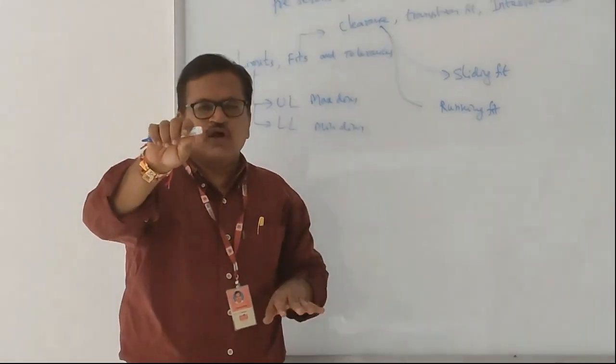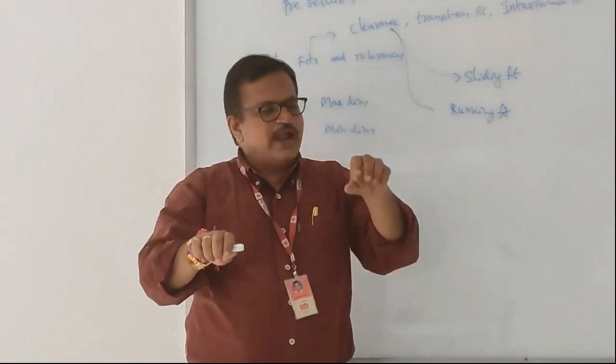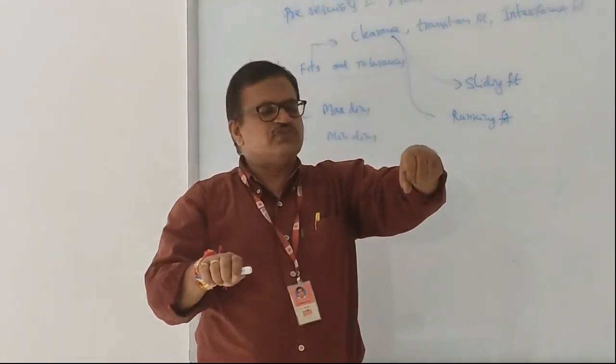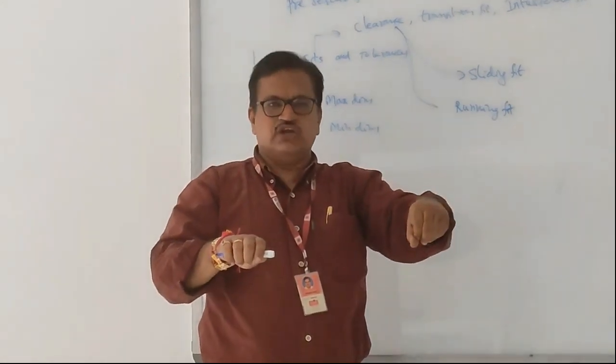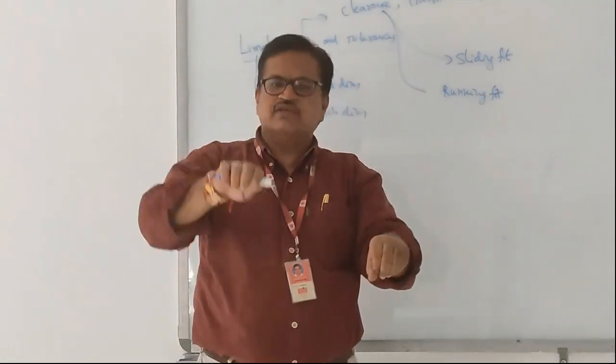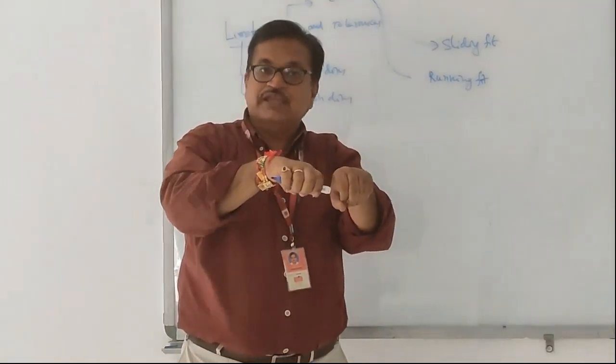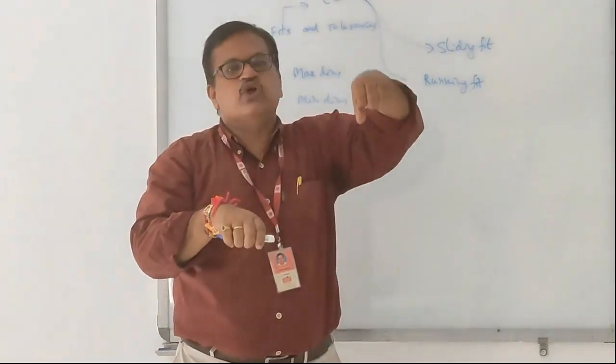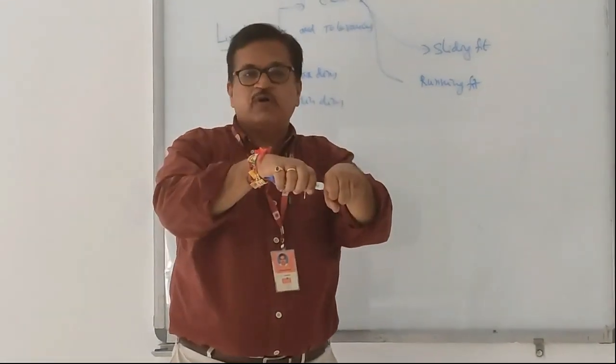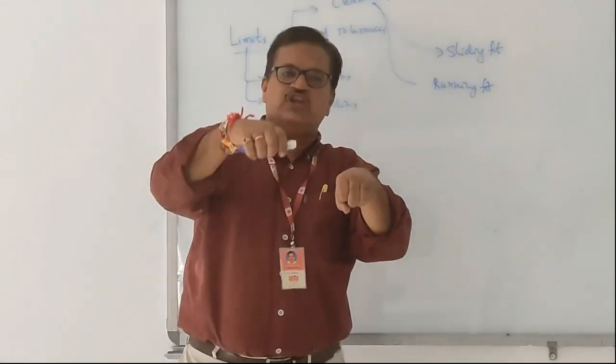So this is having an outer diameter of 25 mm and here is a pipe which is having the inner diameter of 25 mm. This is 25, this is also 25. Can you push it inside the other? It is very difficult. If it is 24, is it possible to push it? It is much more difficult.